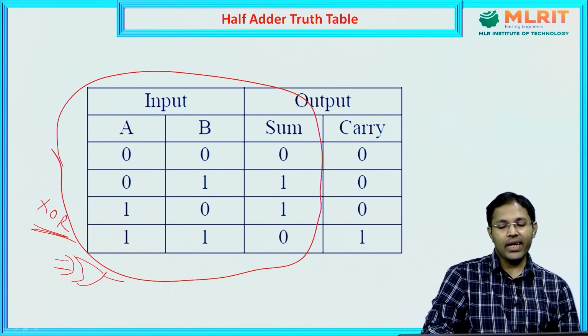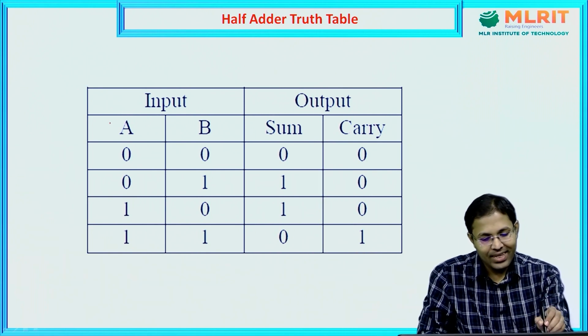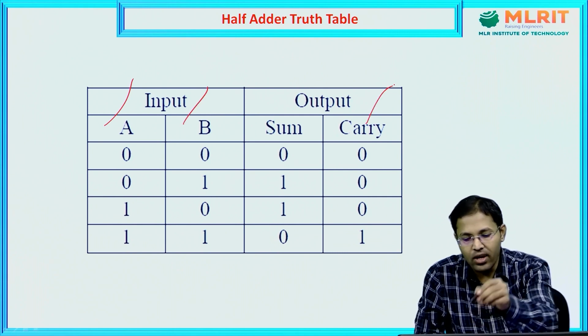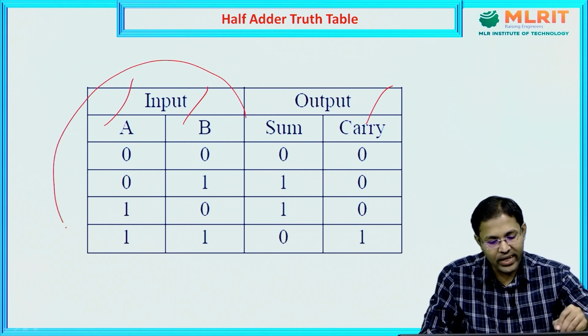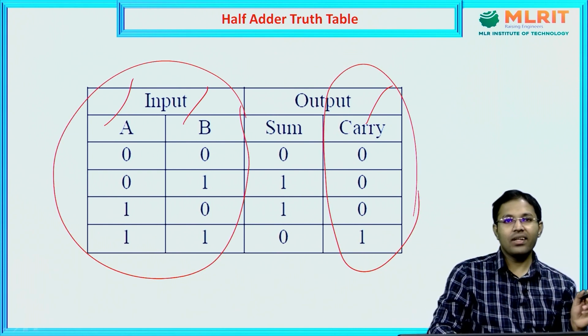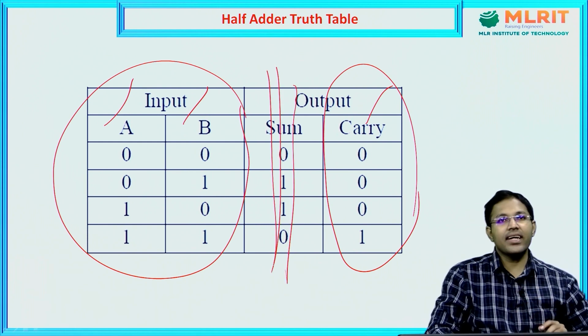Right? Next, let us observe first, second and only the carry column. So we are going to observe only this one, and then next this one. That is skipping the sum. Suppose we don't look at the sum.